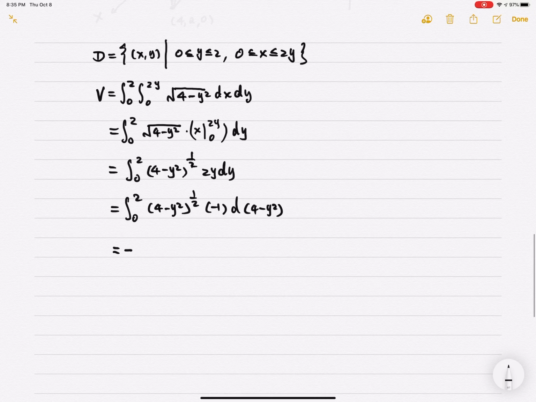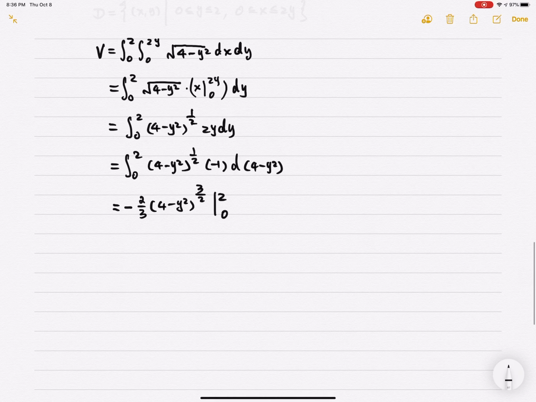So that's equal to 2/3 u, which is 4 minus y squared, to the 3/2. And then plug in 0 and 2. Because when you calculate the derivative, 3/2 cancels 2/3, and 3/2 minus 1 is 1/2. The derivative inside is just like a d of 4 minus y squared.